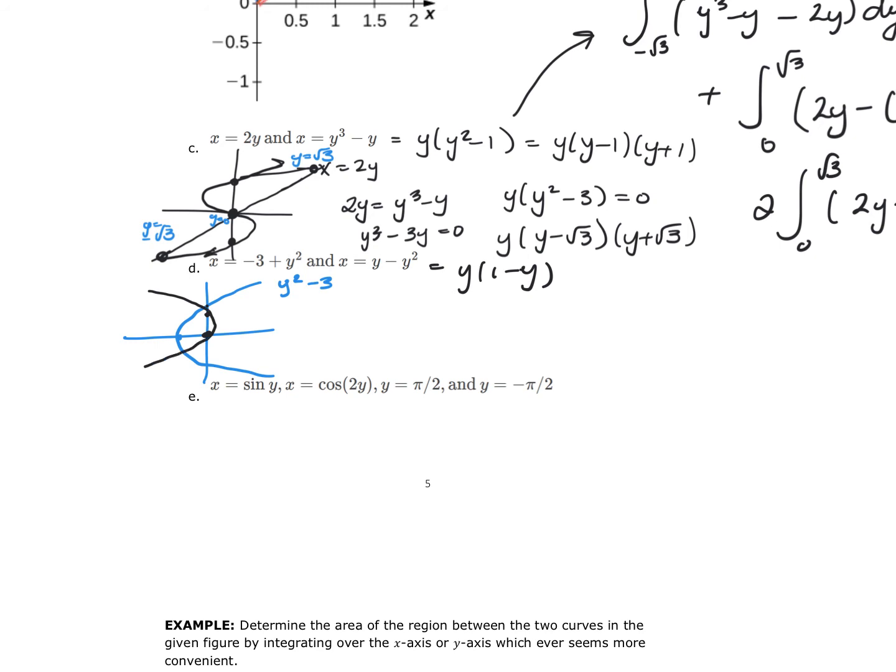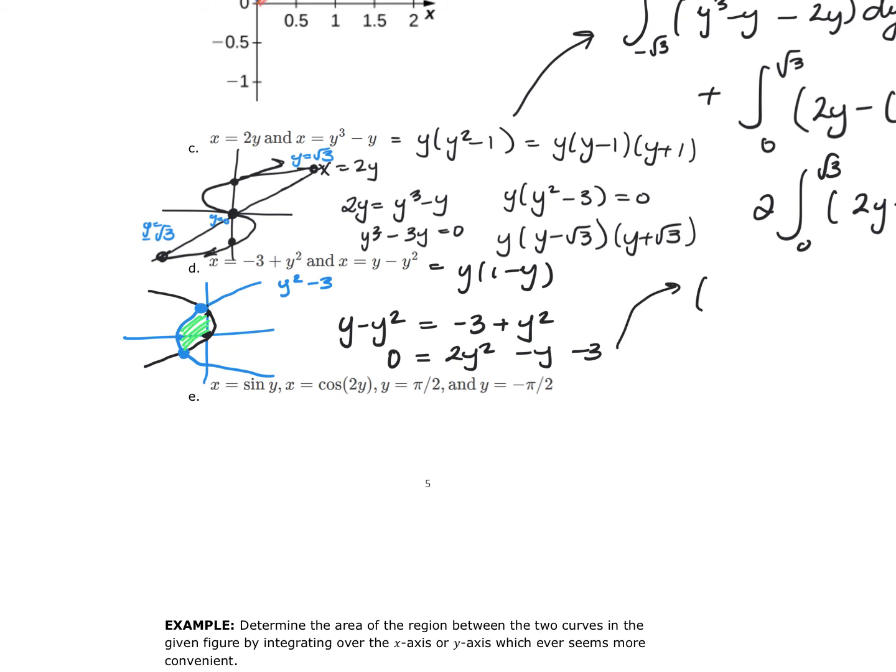So now I have to figure out where these cross. I need to figure out this point and this point, because the region I'm most interested in is right there. So I'm going to set these equal to each other, and so I have y minus y squared is equal to -3 plus y squared. Bringing everything to the right-hand side, I'm going to get 0 is equal to 2y squared minus y minus 3.